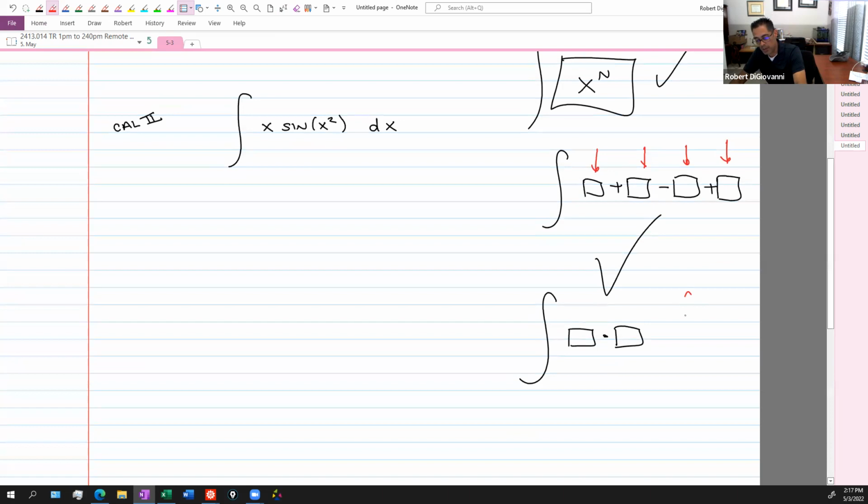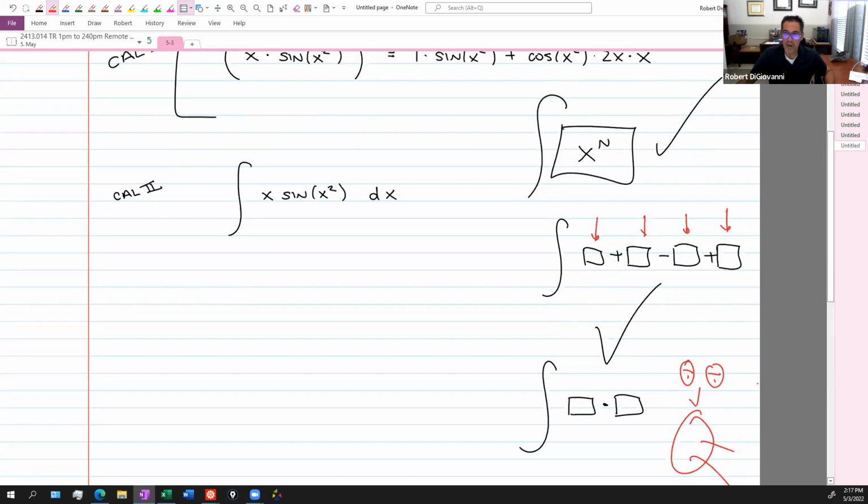And this is where you're like, what do you do to undo the product? How do you undo a product rule? There is no rule. Unfortunately, in Cal 2, I'm never going to be able to hand you a rule to say, this is what you do every time you have a product.